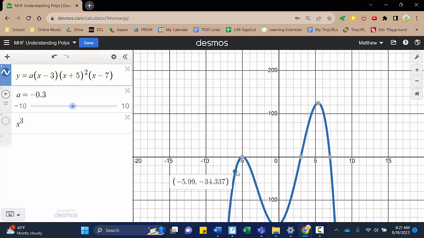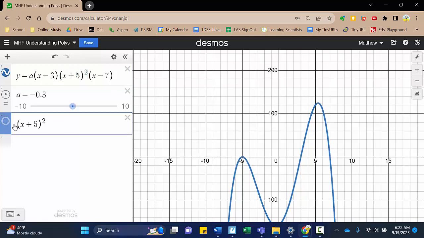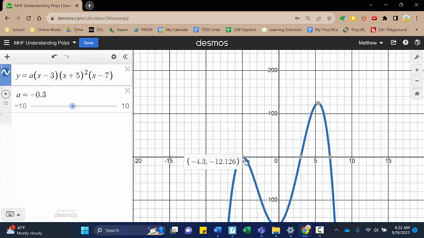And what you can see is that at that location, my graph takes on, to some extent, the shape of a parabola. That part of my graph, if that were my whole graph, would be a parabola with a 0 at -5. So the blue graph is going to take on the characteristics of the parabola at that location.